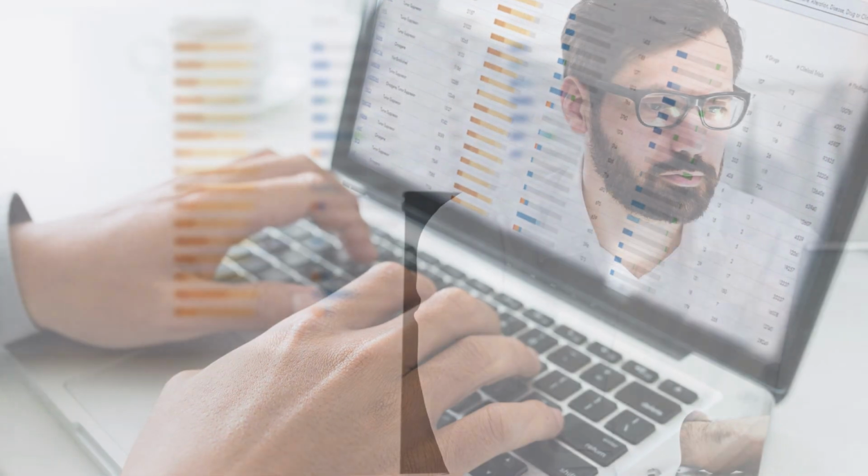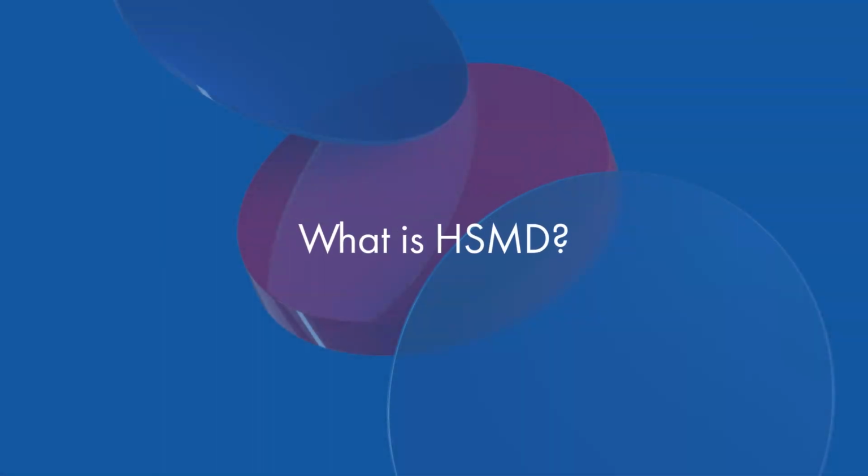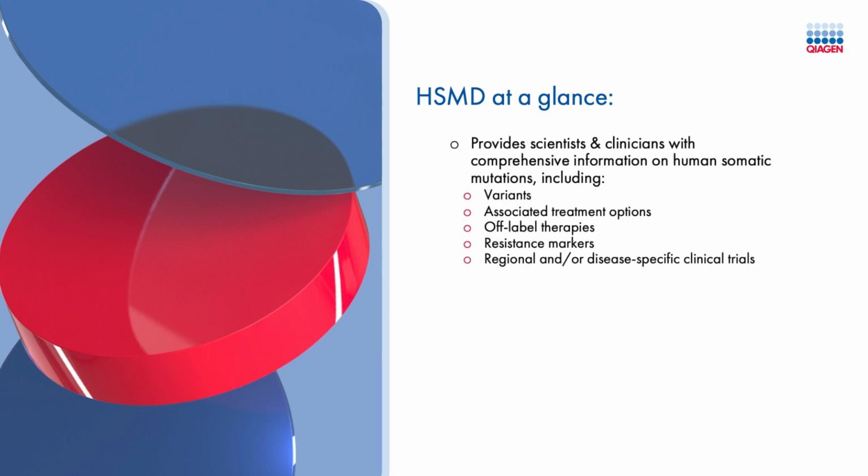Now, let me show you how HSMD can provide valuable insights and save you time when designing a somatic panel. But before we proceed, let's first answer the question, what is HSMD? HSMD, or the Human Somatic Mutation Database, provides comprehensive information on human somatic mutations.